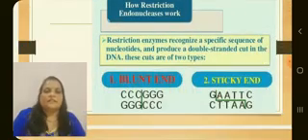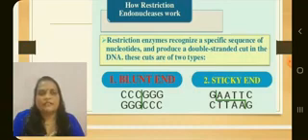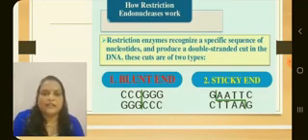Now, how does the restriction endonuclease work? The restriction enzymes recognize specific sequence of nucleotides and then they introduce double-stranded cut in the DNA. This double-stranded cut may be exactly symmetric, and if the cut is symmetric, it produces blunt ends in the DNA.